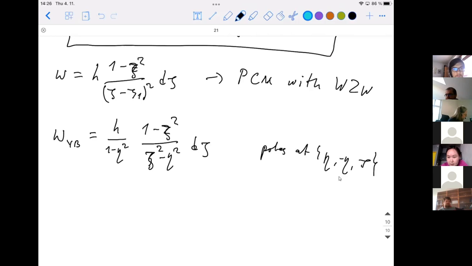It's not always easy to find this Lax connection, I think. But here it's quite a simple, systematic approach.